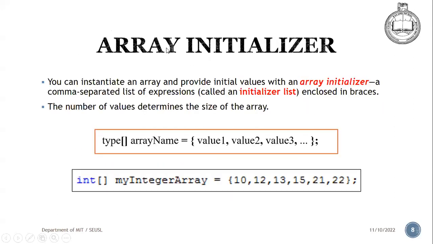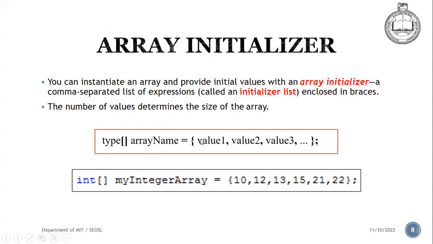But array initializer, you can simply consider it this way: it's all about doing all these three steps in one line. We create the array by passing the data type of the array, the name of the array, and the values in a single line.